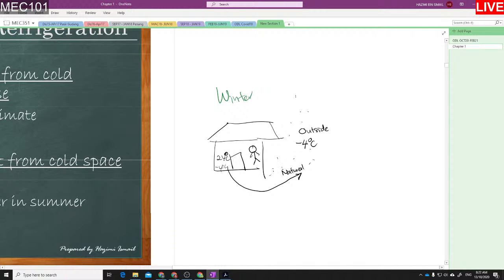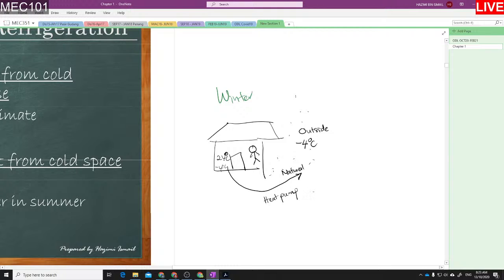Can you live at -4 degrees Celsius? No, surely you will die without heating. So the heat pump is used.